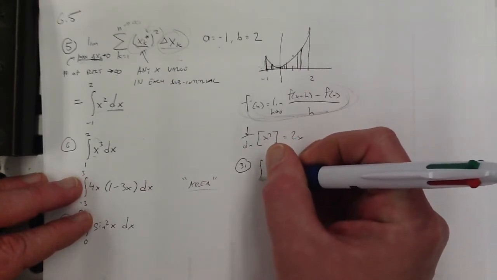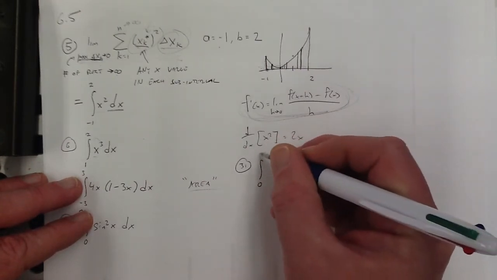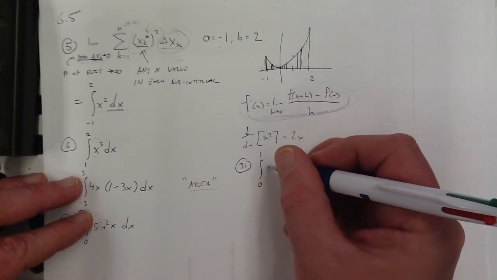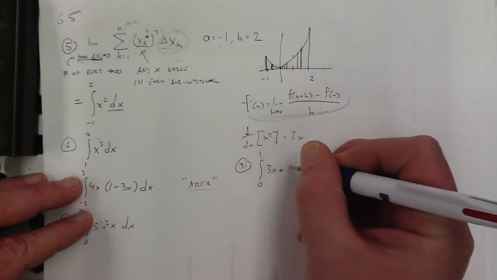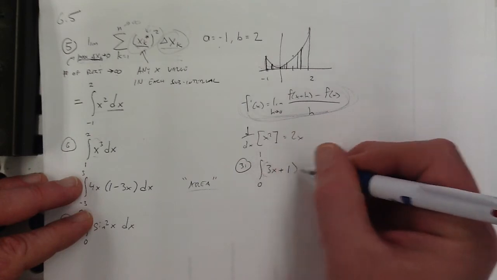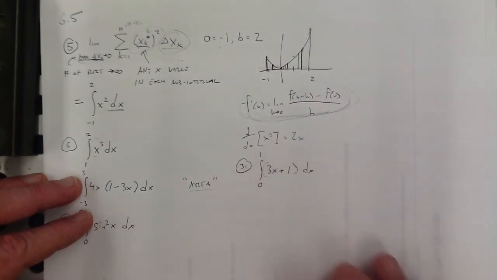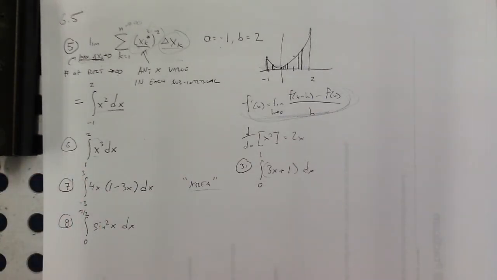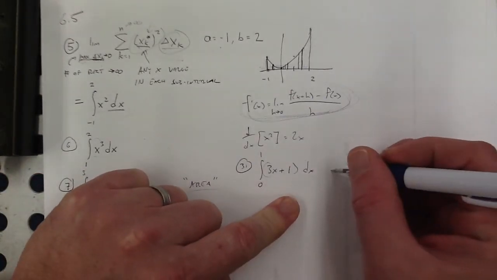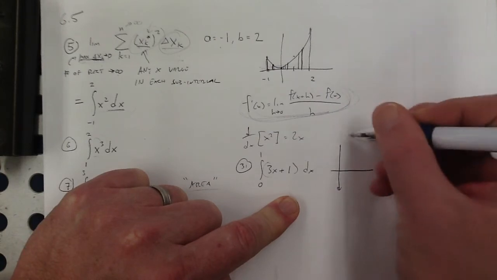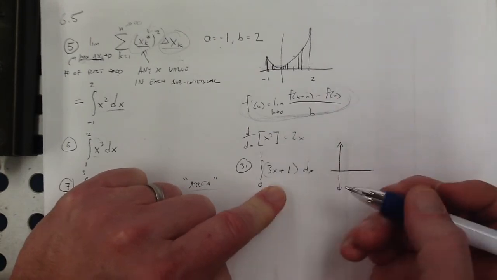We've got the integral from 0 to 1 of 3x plus 1 dx. And that's a straight line, so that should be nice, like triangles and stuff that I can do easily. Maybe a trapezoid.